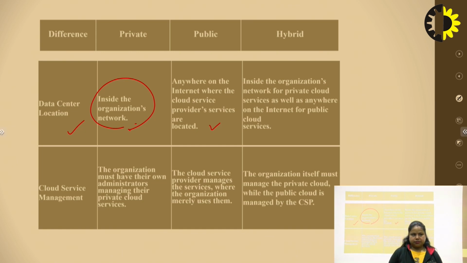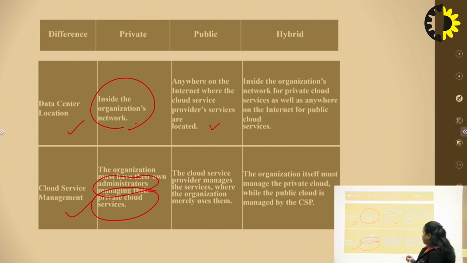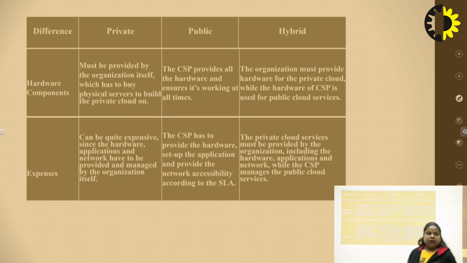Cloud service management: private has its own management, its own administrators who will access the data. In this, everything is managed by the services the organization uses. In the hybrid case, it is combined. Then, hardware components: when I'm talking about private, they have to buy their own physical servers.